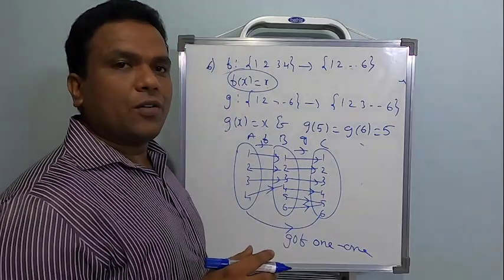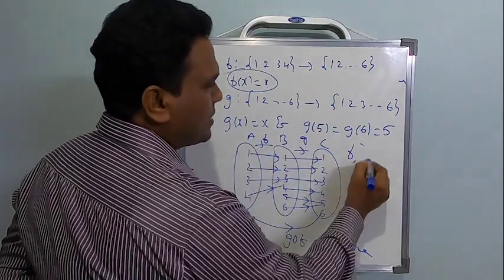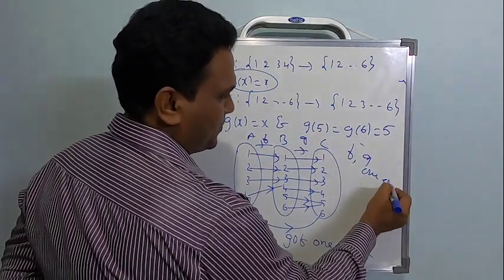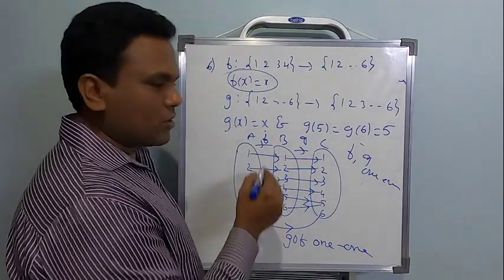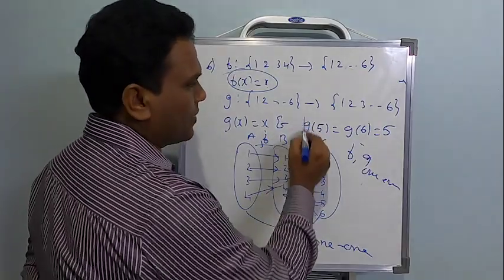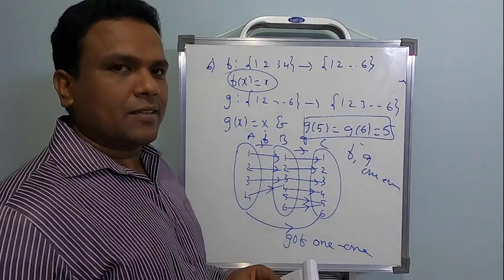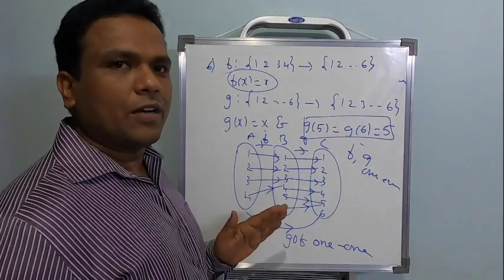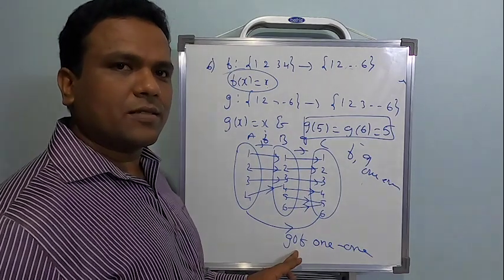I need to check g of f is 1-1, but the question is whether f and g are 1-1. This is what I need to check. F, you notice, is 1-1 because different element, different image. But come to g now, g is not 1-1, right? It is not necessary that both f and g have to be 1-1 for g of f to be 1-1.